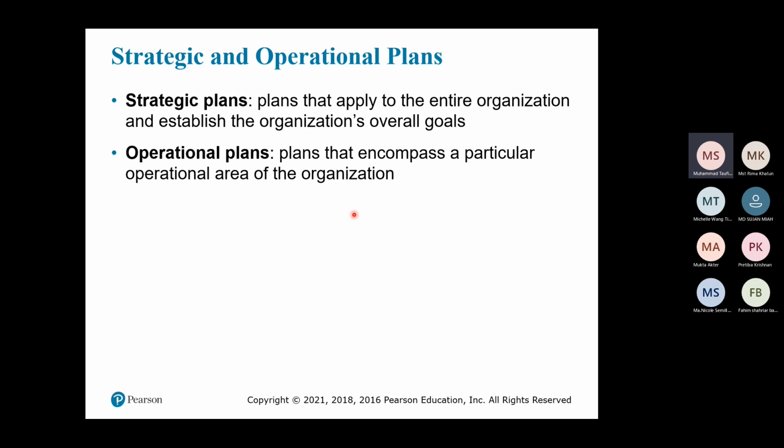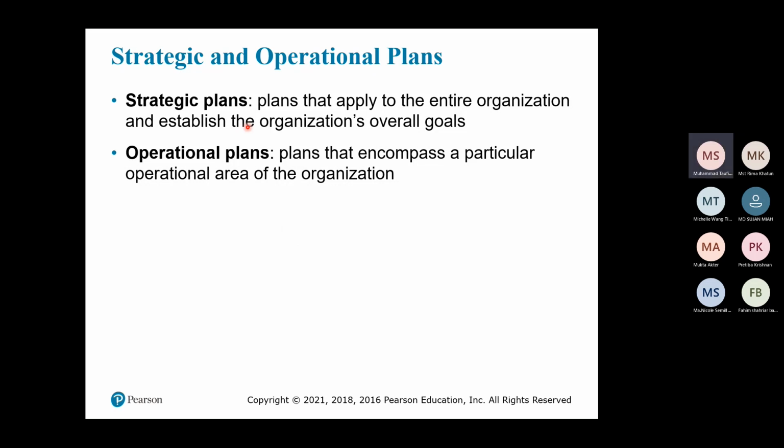So what are strategic and operational plans? Strategic plans are plans that apply to the entire organization and establish the organization's overall goals. And an operational plan is a plan that encompasses a particular operational area of the organization. So a strategic plan is the plan for the whole organization.